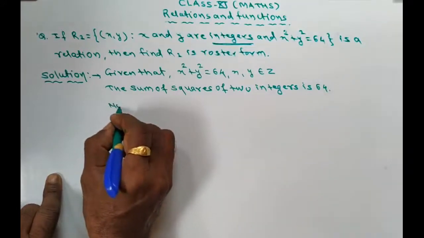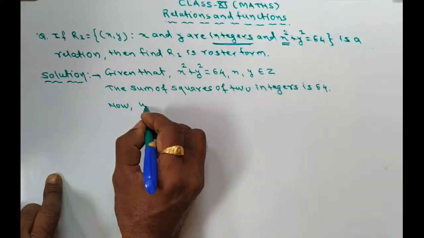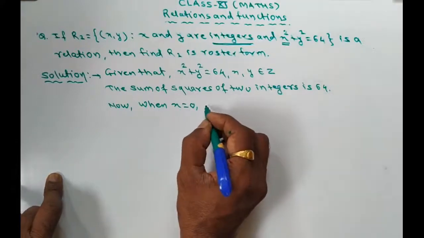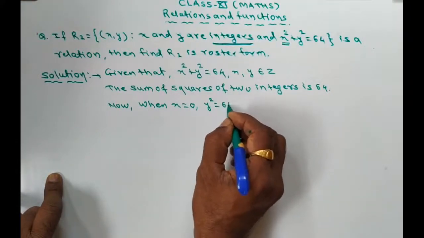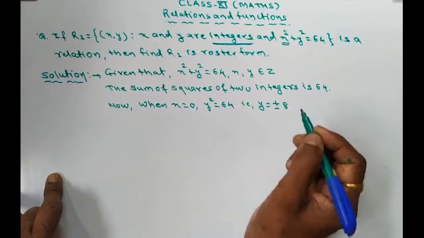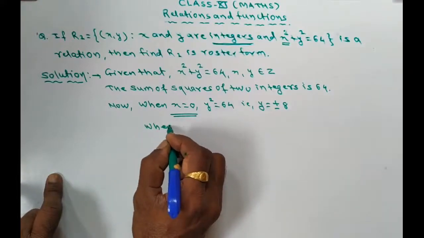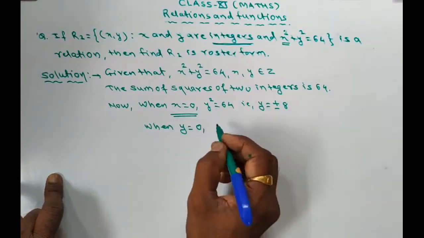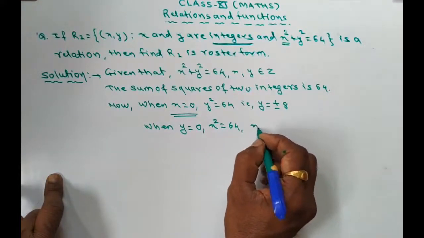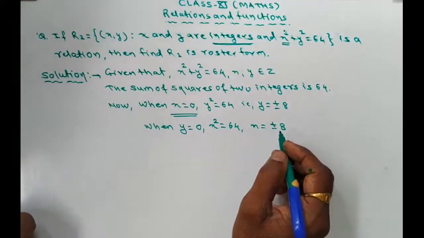Now if I take x equal to 0, then y² equal to 64, that is y can have the values ±8. And when y equal to 0, x² will be equal to 64, that is x can have the values ±8, taking square root both sides.